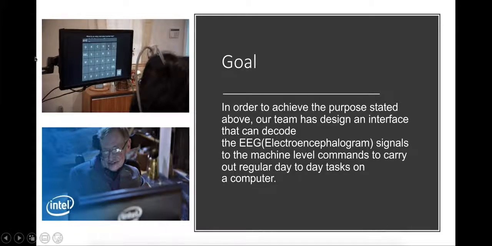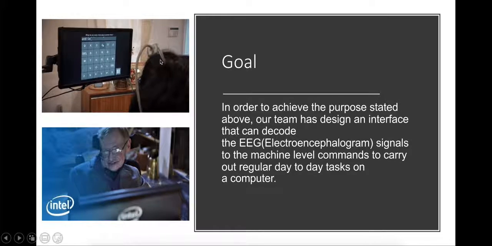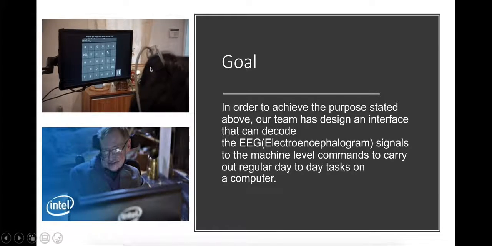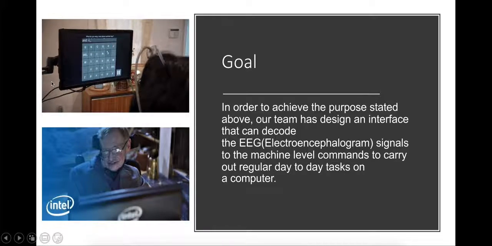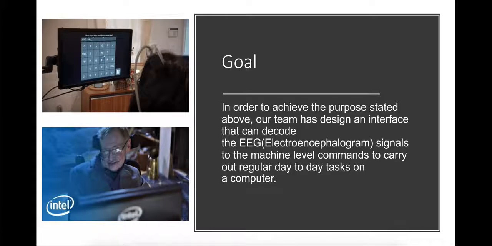As you can see in this image on the left hand side, this is the computer which is connected with this sensor that sits on the top of the head of the user, and then this sensor records the brain spikes or the brain activity. And using the brain activity, this matrix simulates a click on a specific cell of the matrix. That is what it is using. What it is using is called brain-computer interface.